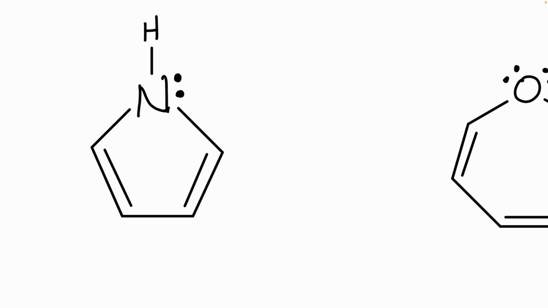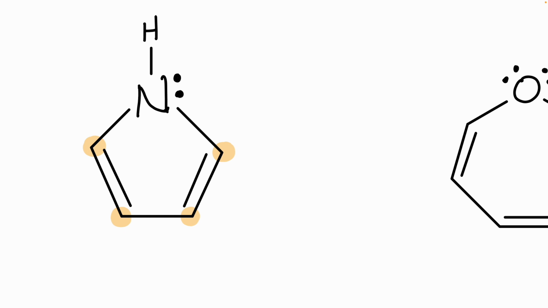So, rule 1 was which one? We have that fully conjugated ring. We need to go through and see if everything here is sp2 hybridized. And we can identify these 4 pretty easily right off the bat because they are a part of that carbon-carbon double bond.